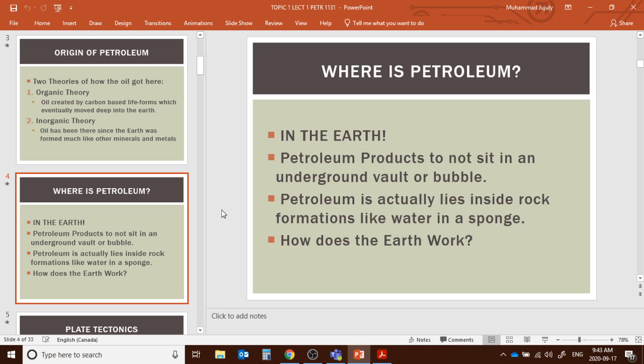It is produced somewhere, and it moves like all other fluids. So how can it move? Petroleum lies inside a type of formation, a rock formation, just like a sponge.